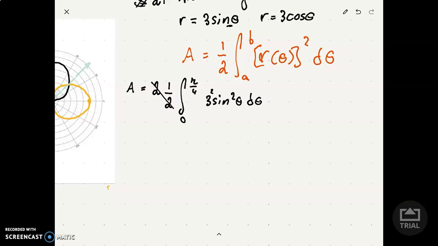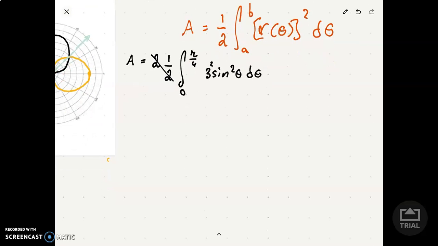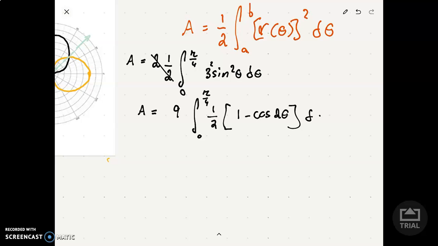So let's work this out, and then I'm going to set it up the other way and see if it's the same. The area is going to be 9, and then for sine squared, again, we have to use the half angle: 1/2 times 1 minus cosine of 2 theta, d theta.